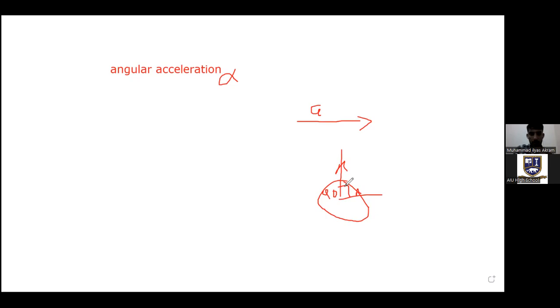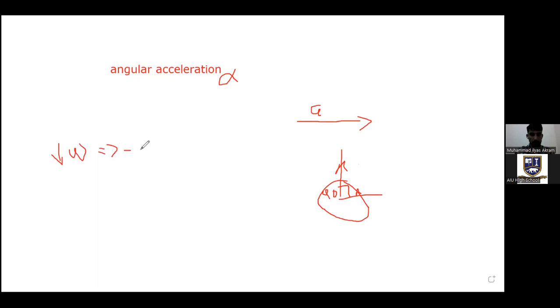If the angular velocity, represented by omega, is decreasing, the acceleration will be negative.